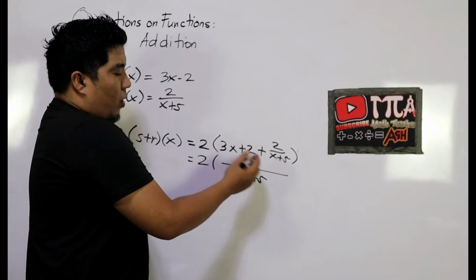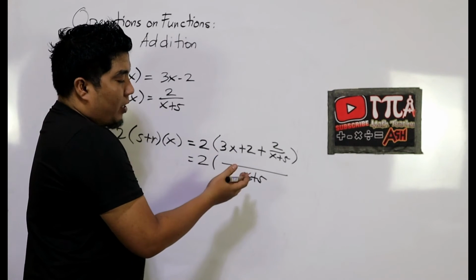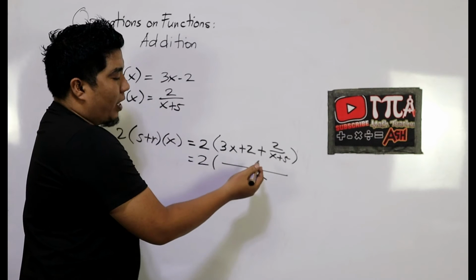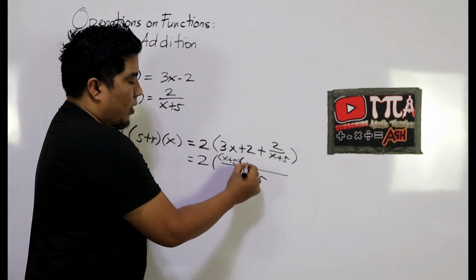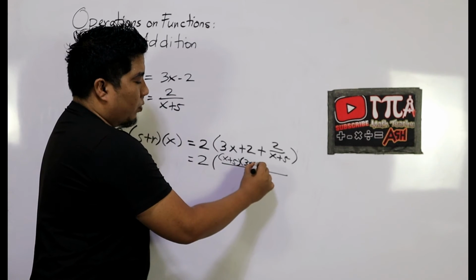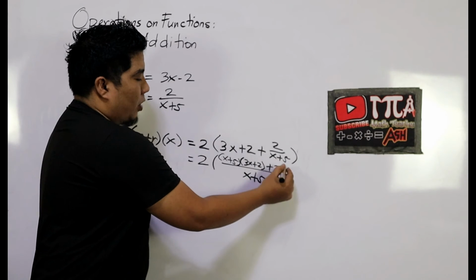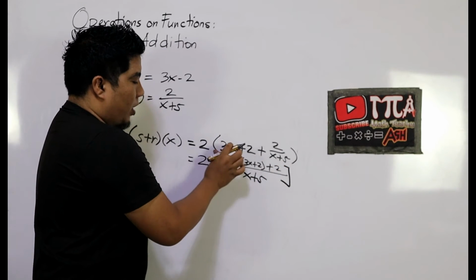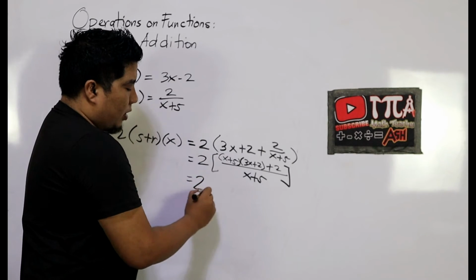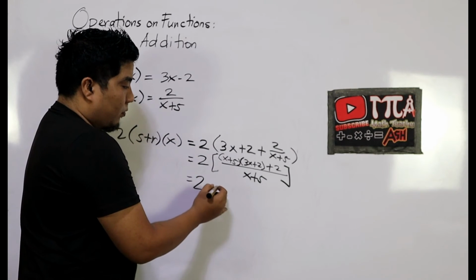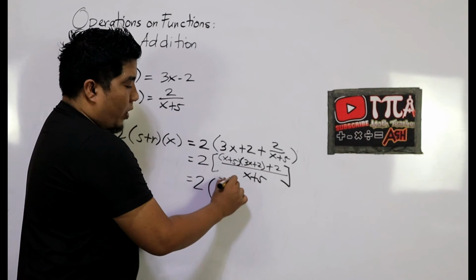So what will happen is x plus 5 divided by 1, that is x plus 5, multiplied by 3x plus 2. So that is x plus 5 times 3x plus 2. While here, we just have 2 since they have the same denominator. Okay, so I'll just use the bracket here. If I simplify this one, this will give me x times 3x, that is 3x squared.